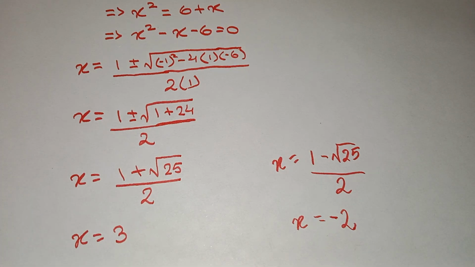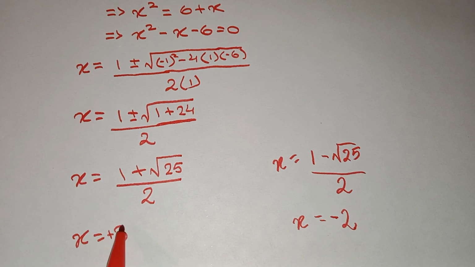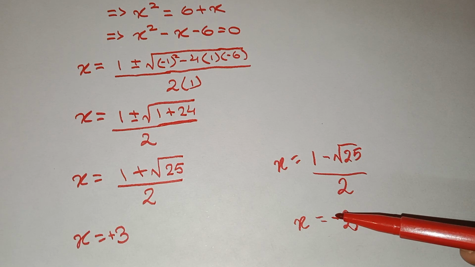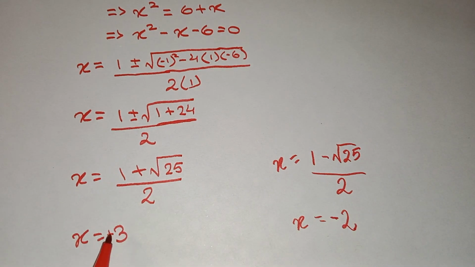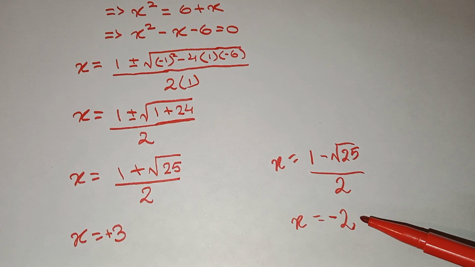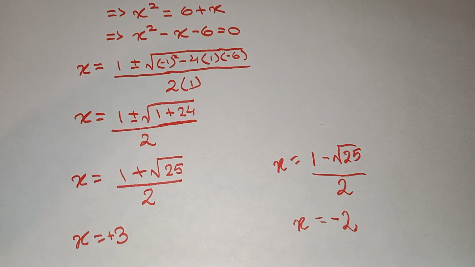The reason is that x equal to 3 has a positive sign, and the other answer, x equal to minus 2, has a negative sign. So there are two answers, minus 2 and 3, but the real answer is 3.